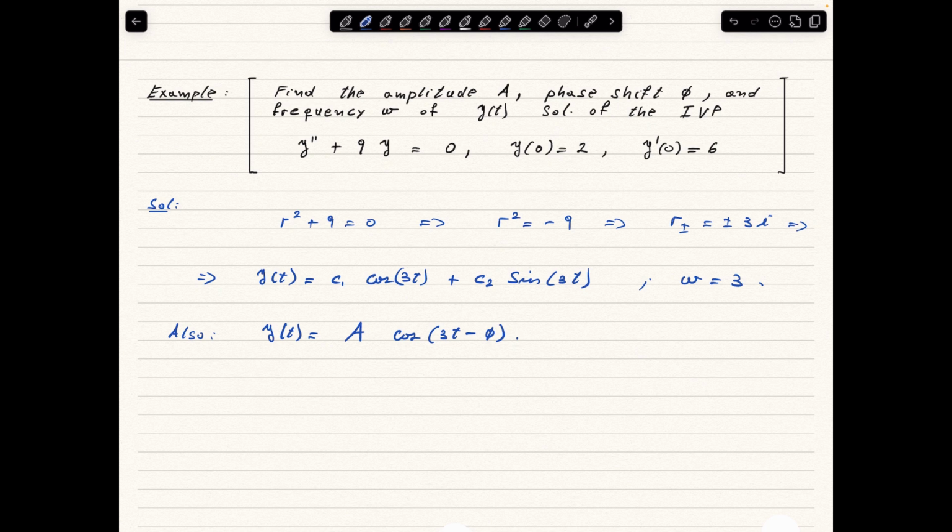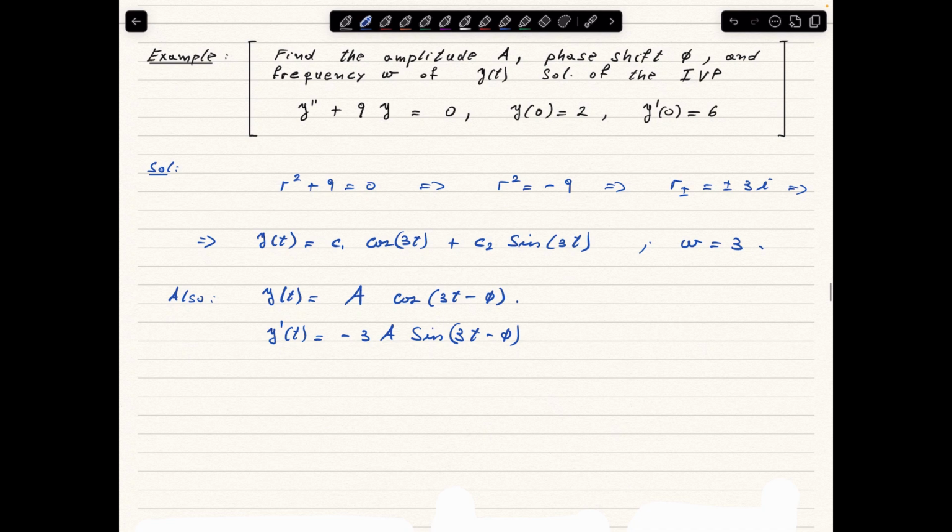But to use one of these initial conditions, we can use it right now. This one has the derivative, so let's compute the derivative first. Y prime of t is the derivative of the cosine, so it's negative 3A sine of 3t minus phi. Okay, now we can use the initial conditions.